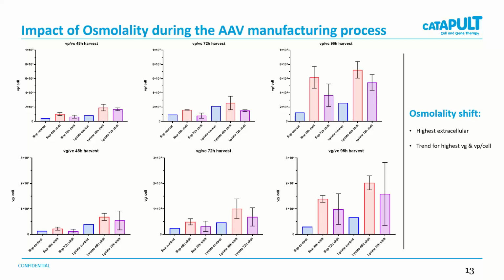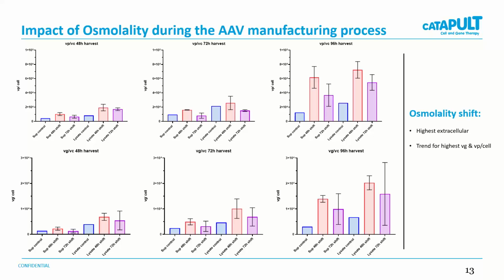You can see on those graphs and the following slide the same color code. In blue, it will be the control. In red, the conditions that had a shift at 48 hours post-transfection. And in purple, the conditions that had a shift at 72 hours post-transfection.